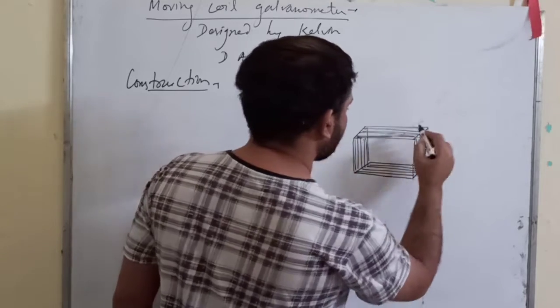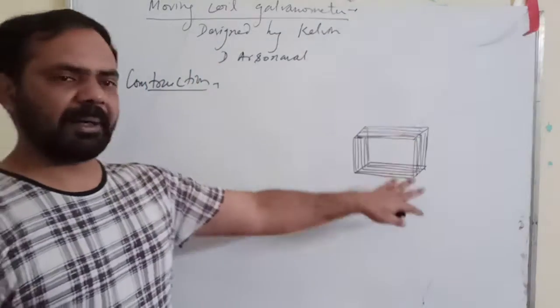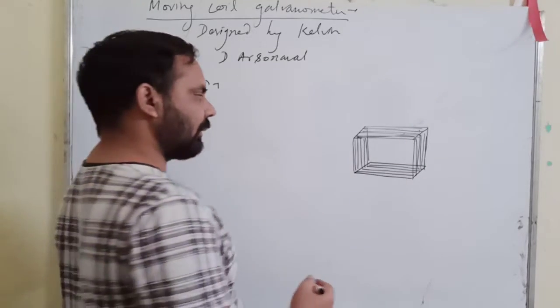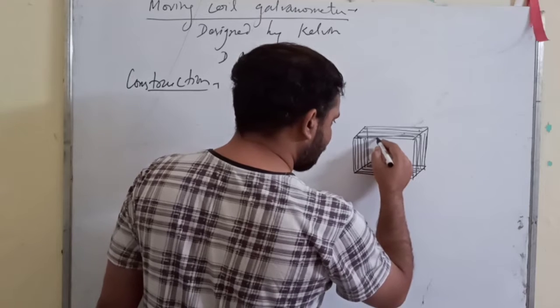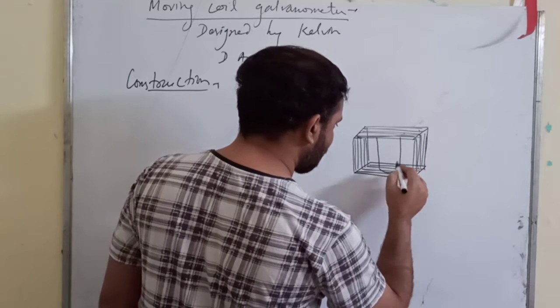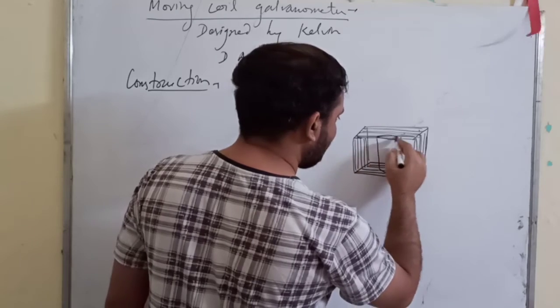Several turns of wire are made here on the non-metallic frame. Now there is a soft iron core cylinder placed inside it.